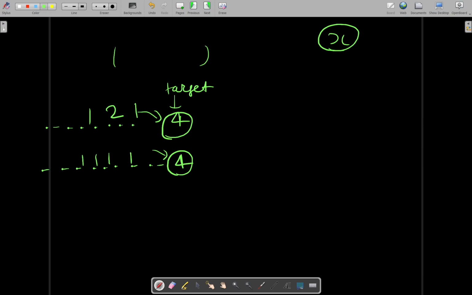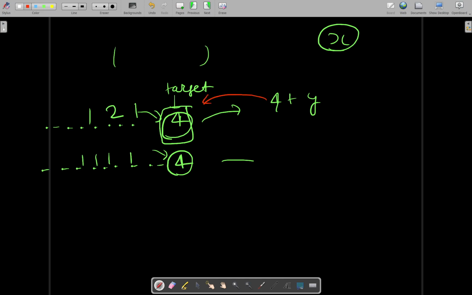So for the numbers beyond 4, let's say it's 4 plus x or 4 plus y, some value, you will be doing calculations for this 4 again and again, every time this 4 is encountered.